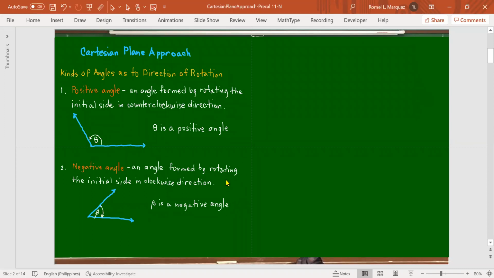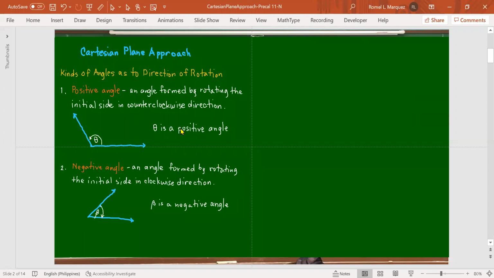Now, negative and positive refer only to the direction of rotation. If you talk of size, for instance, if I have negative 90 degrees and the other one is 40 degrees, when it comes to size, the negative 90 still has a larger size.